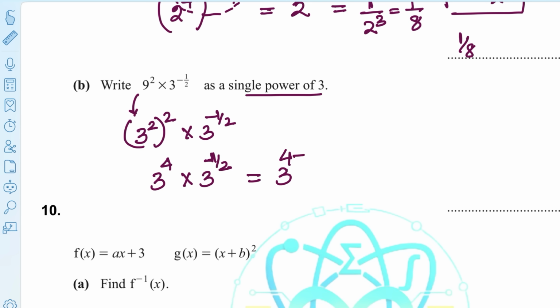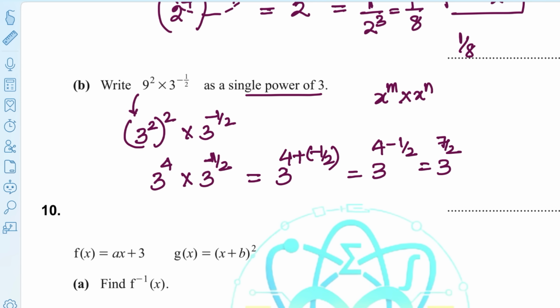So 4 plus negative half equals 3 power 4 minus 1 over 2, which is 3 power 7 over 2. Is it okay? So this answer should be 7 over 2. If you remember the rule, x power m times x power n equals x power m plus n. So that is the answer for this question.